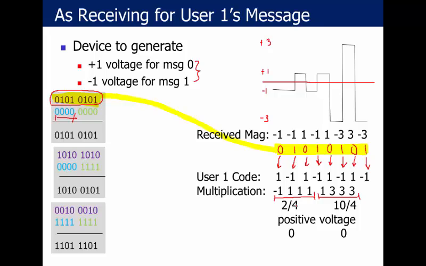We divide that by 4 because we have 4 bits. If it's positive, then there's a 0, and also there's a 0, right? We use this same concept throughout.